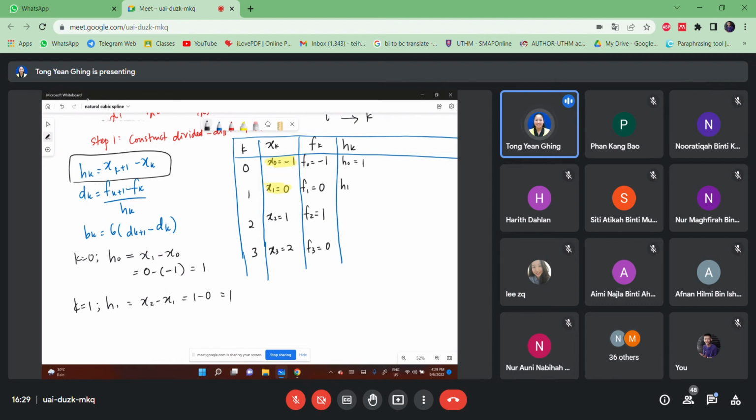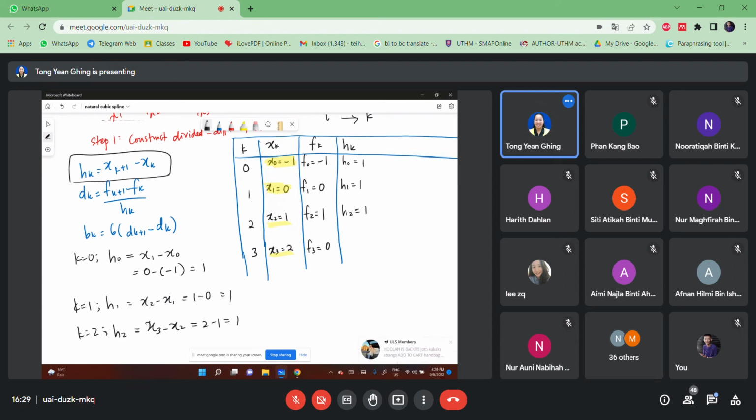So H1 is also 1. And then k equal to 2, H2 is x3 minus x2, 2 minus 1, which is 1. So H2 is also 1.